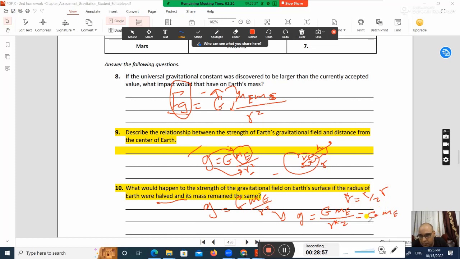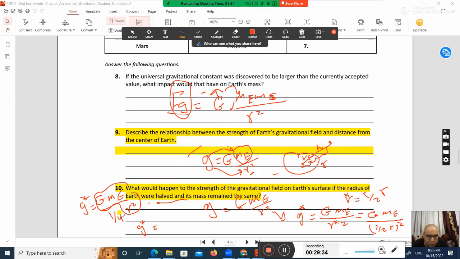So G M E over half R squared. So we are going to solve here. g equals g star. g equals G M E over quarter R squared. This one represents the old g.